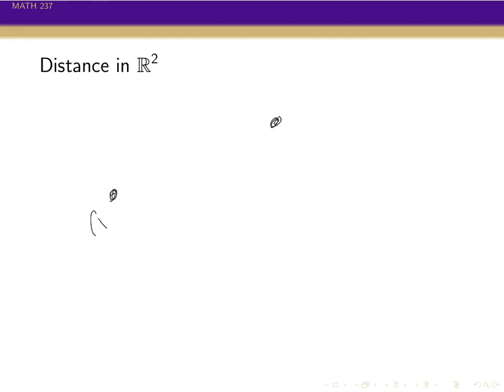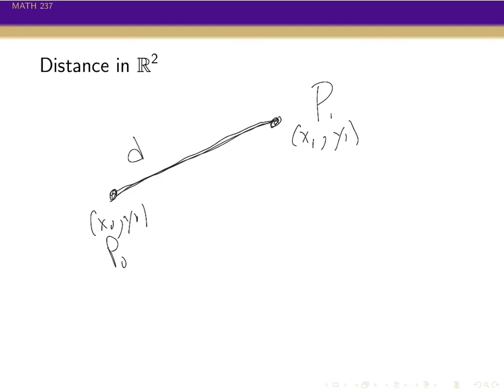If we have 2 points, (x0, y0) and (x1, y1), we draw a straight line between them. Let's call this one P0 and this one P1. The question is, how do we figure out the distance between the 2 points? What's the distance between P0 and P1?